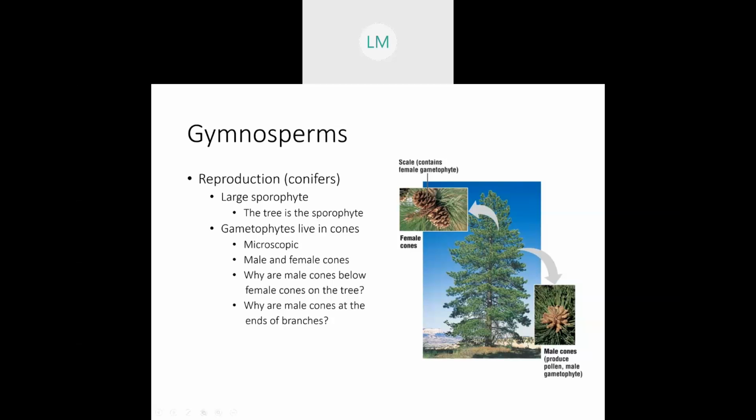If the male cones were on the inside of the branches here, they would be much more protected from the wind and wouldn't be able to distribute their pollen as easily. Okay, so we see some evolutionary things that have happened here where cones are located on the tree that kind of shows us how this fertilization works, how this reproduction works.